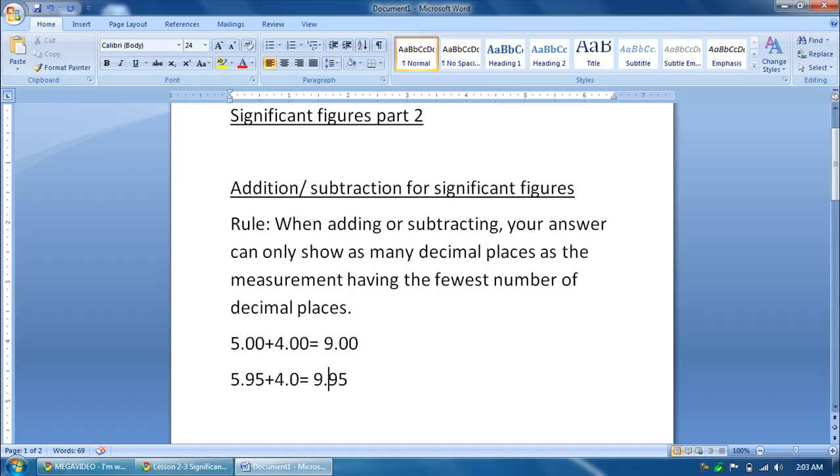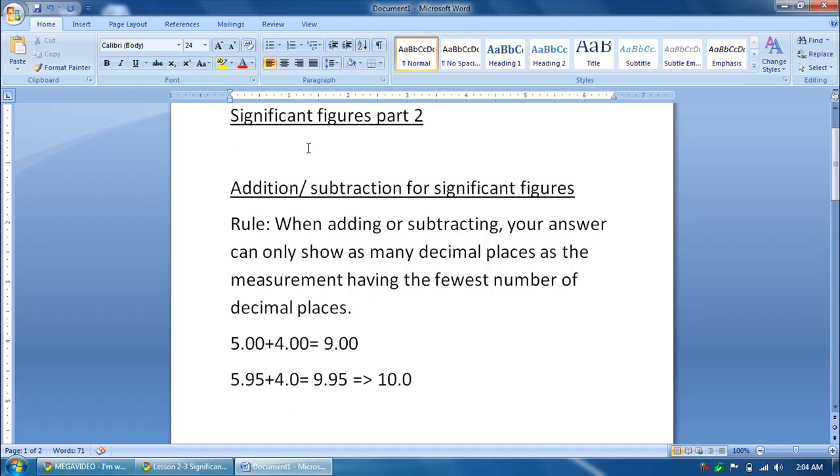So you would round your final answer to the nearest tenth. For 9.95, there's a 5 here, so you would round the 9 up by 1, and your final answer should be 10.0. Since you have a tenths decimal place here, you should have a tenths decimal place in your answer.